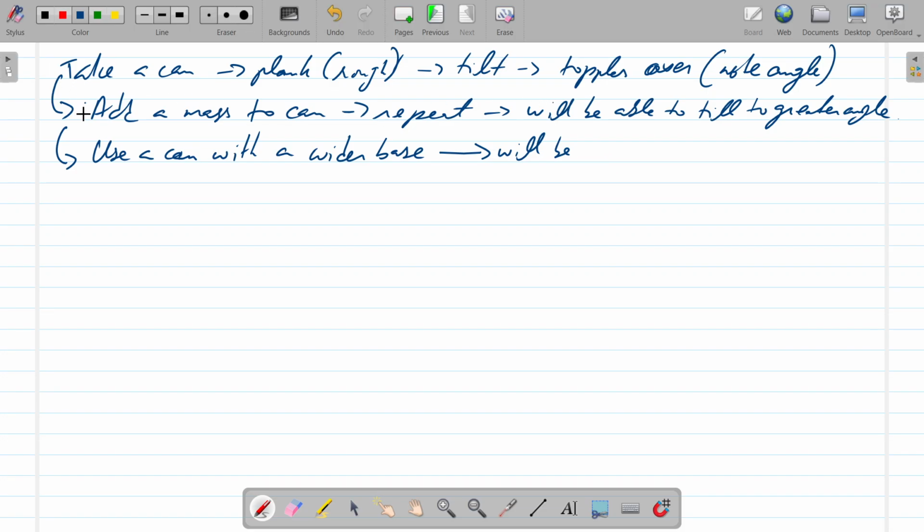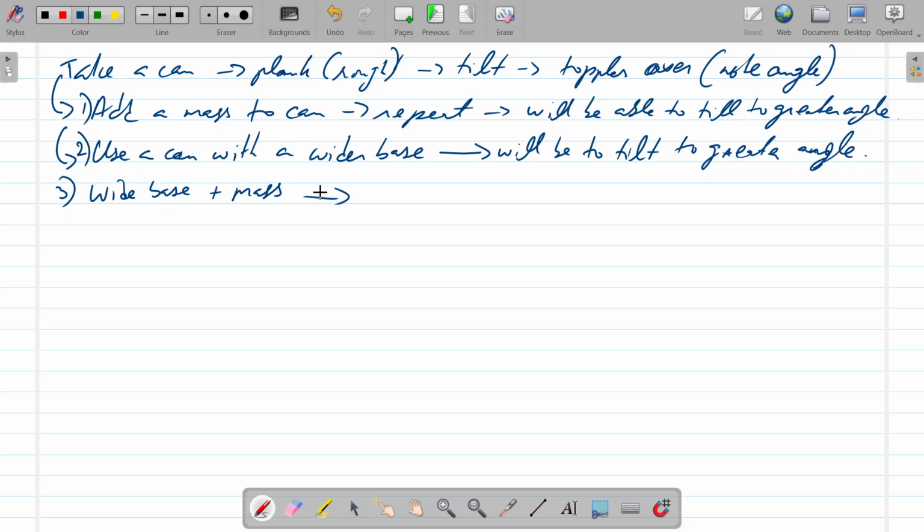This is separate: you repeat the experiment with the mass in it, and then you repeat it with a can with a wider base and no mass in it, just the base being wider, and you'll be able to tilt it to a greater angle. And of course, if you do a wide base plus mass, it goes without saying it will too. So those are the two factors that affect stability.